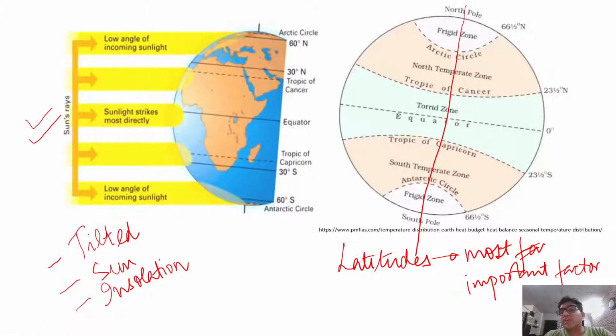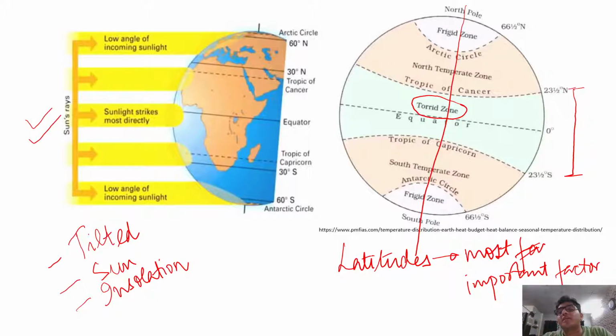So, you can see over here, that from 23 and a half north to 23 and a half south, which we call the Tropic of Cancer and Tropic of Capricorn, this zone was named as the Torrid Zone. Then north of the Tropic of Cancer was the North Temperate Zone. South of the Tropic of Capricorn was the South Temperate Zone. And then the poles were regarded as the Frigid Zone. So, respectively, they were known as Arctic Circle in the Northern Hemisphere and Antarctic Circle in the Southern Hemisphere.